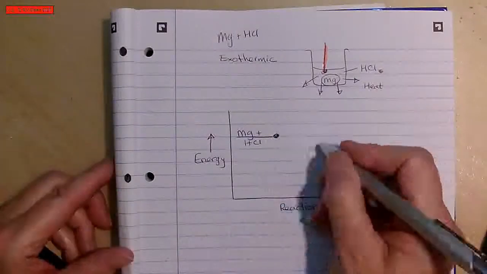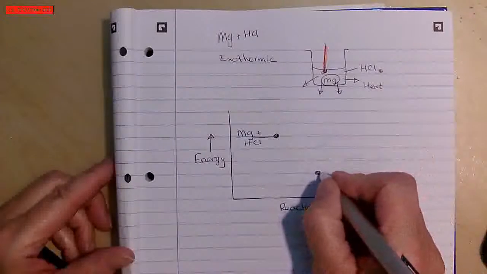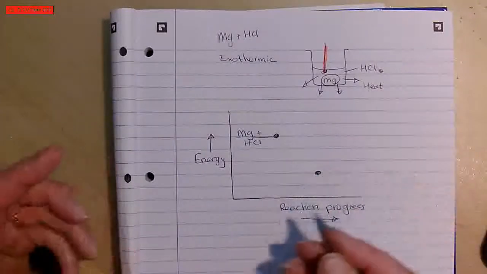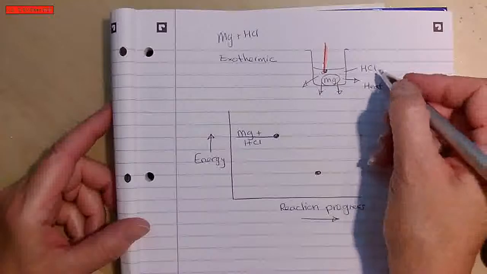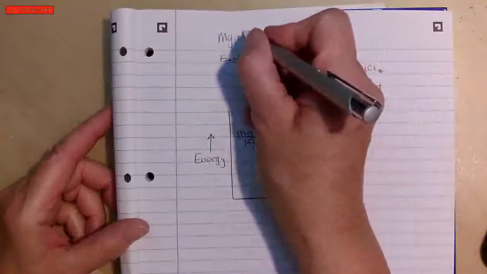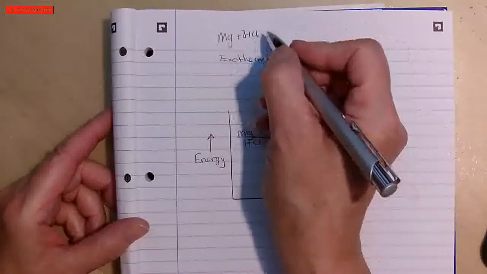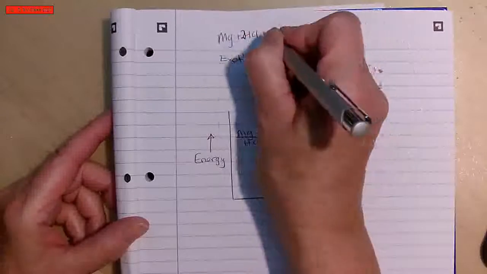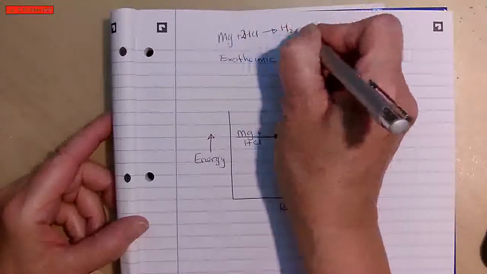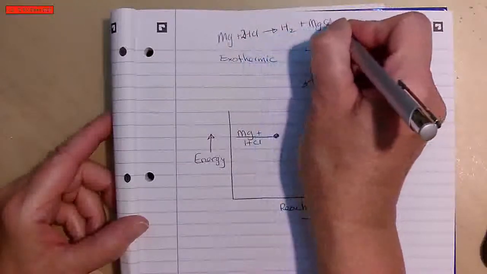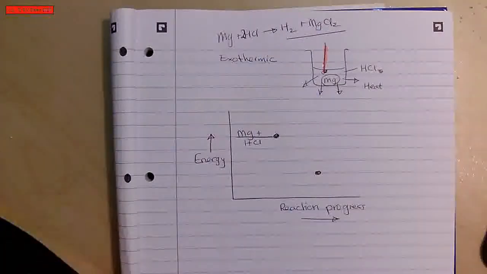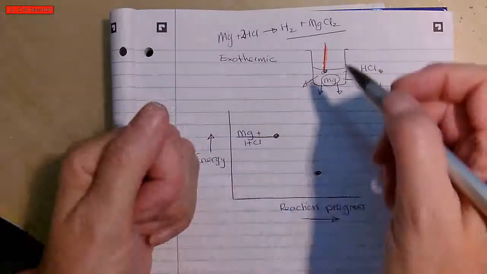Now when this reaction's finished, it's lost energy. So at the end point, our products have got less energy. In this reaction, magnesium reacts with 2 hydrochloric acids and gives hydrogen and magnesium chloride, so our products are hydrogen and magnesium chloride.